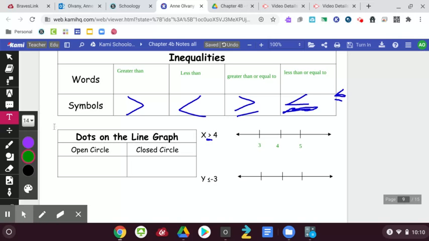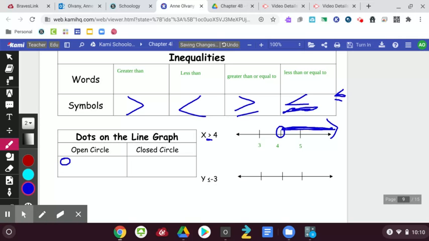Greater than means that anything over here, anything greater than 4 could be the answer. So we're going to have more than one answer to our questions. It could be 5, it could be 6, it could be 7, it could be 100, it could be 1,000, any of those. Now, greater than means anything greater than 4, but it's not including 4. So what we do is we leave an open circle for these two symbols, greater than or less than.